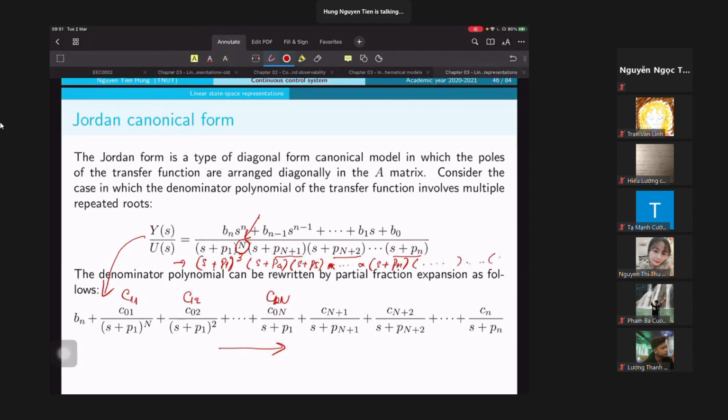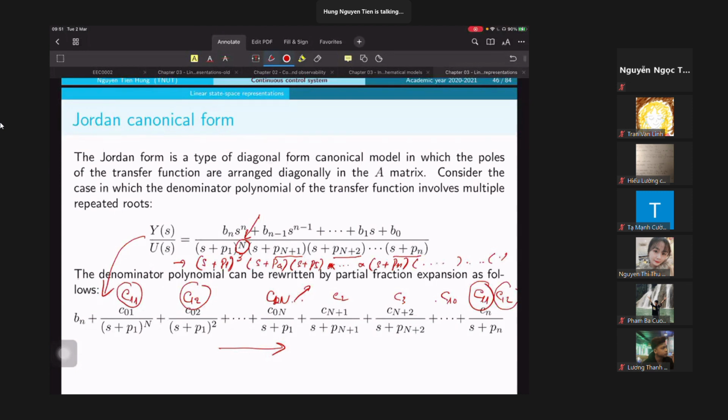If we denote it by C1n, and here C2, C3, up to C, for example, C10, and we repeat C1, C11, C12 again, you see that we get 2 C11 and 2 C12 and more.